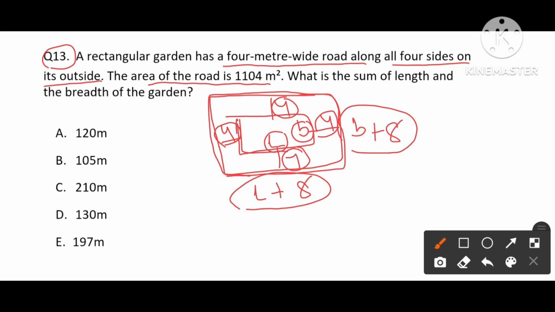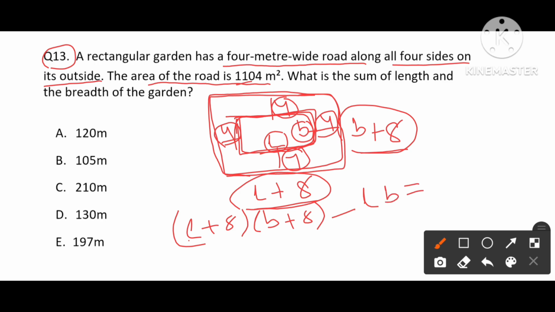So the outside rectangle area will be L plus 8 into b plus 8, minus the inside length into breadth. We get the area of the road, which will be 1104.